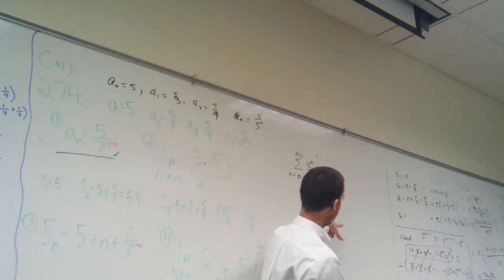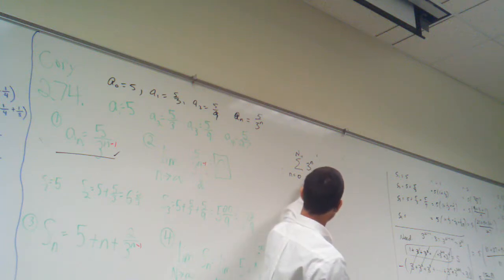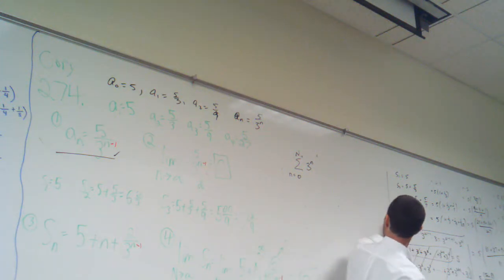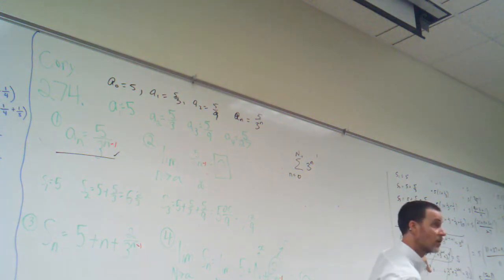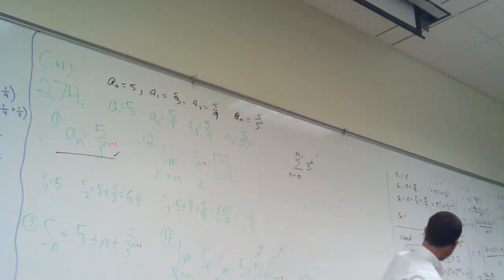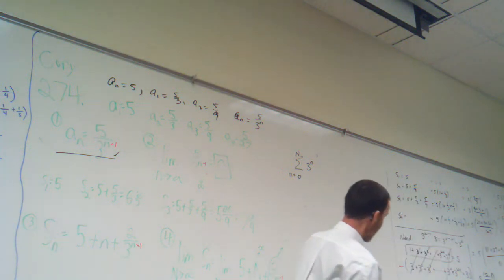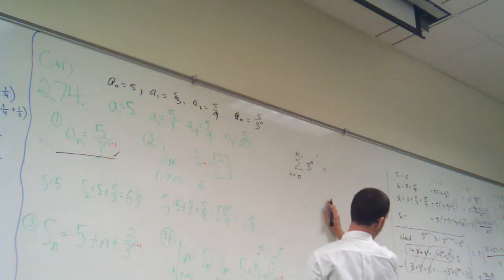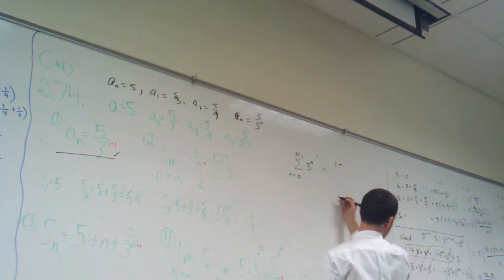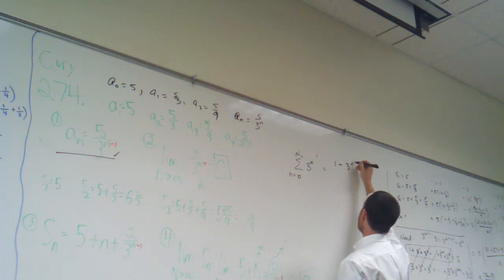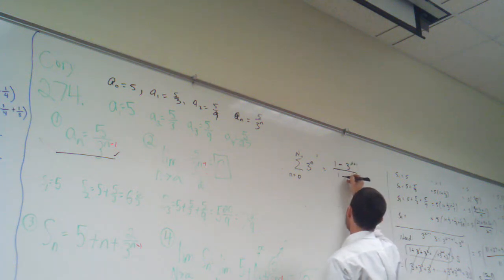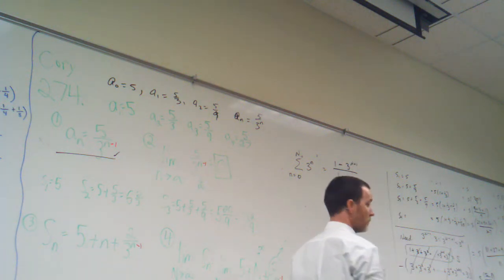That's the left side. 3 to the 0, 3 to the first, 3 to the second, up to 3 to the n. And we figured out that that is equal to 1 minus 3 to the n plus 1 over 1 minus 3.